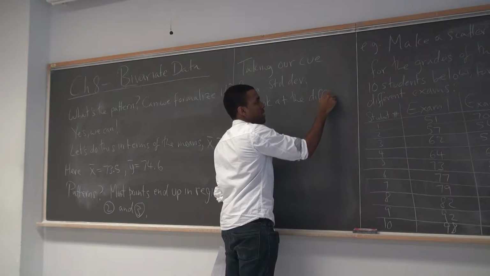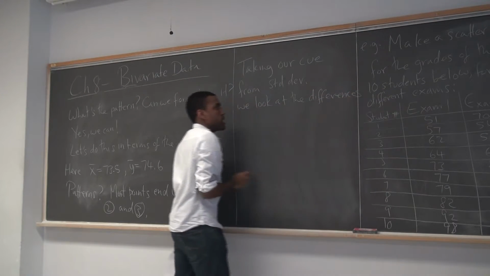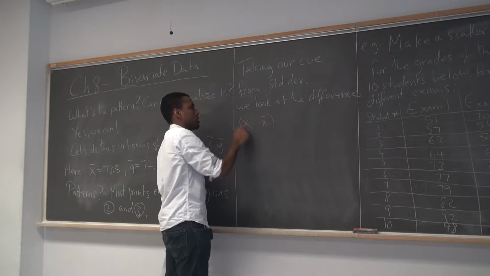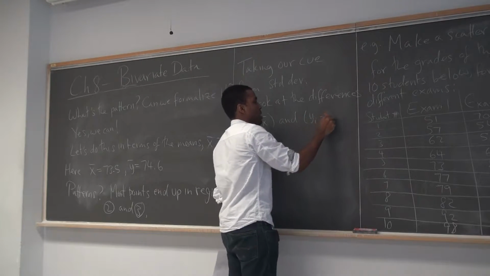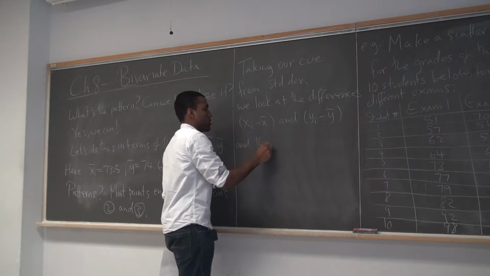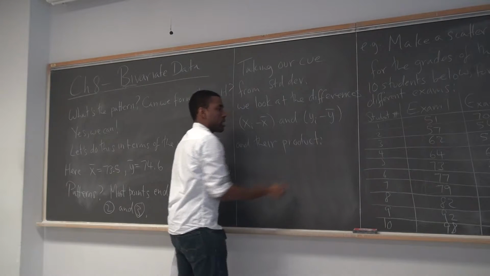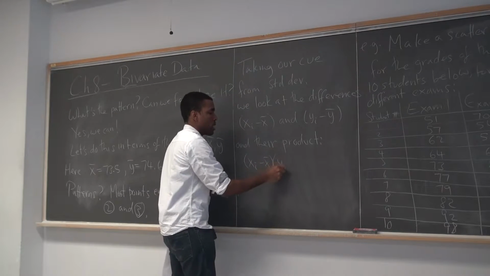What we did was we looked at the difference between each value and the mean. So we're going to look at the differences x_i minus x bar and y minus y bar, and let's also look at their product, each x minus x bar times y minus y bar.